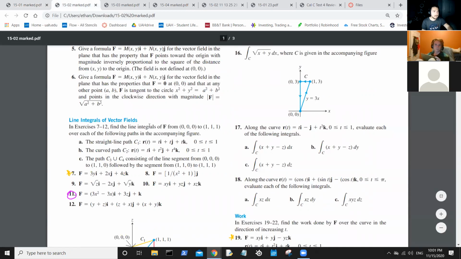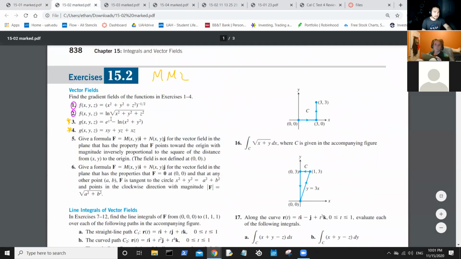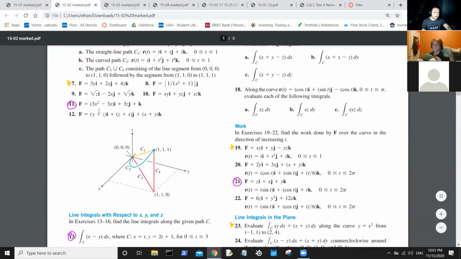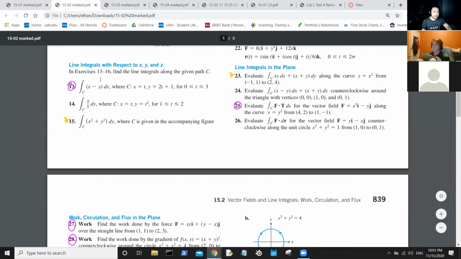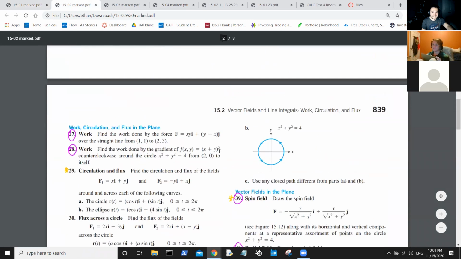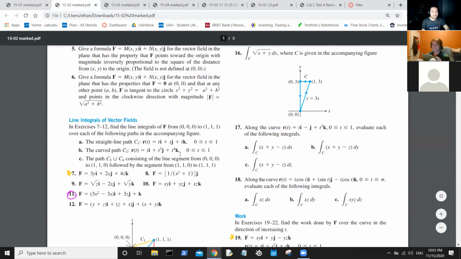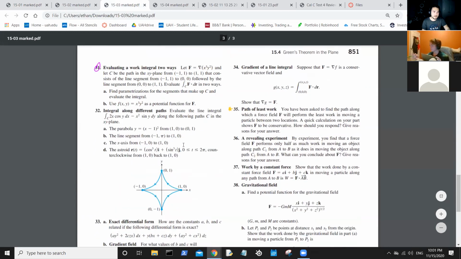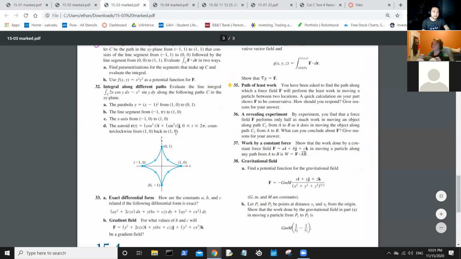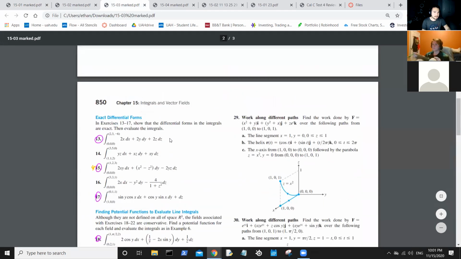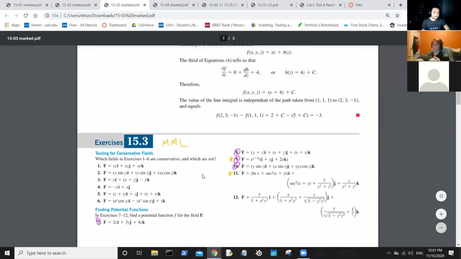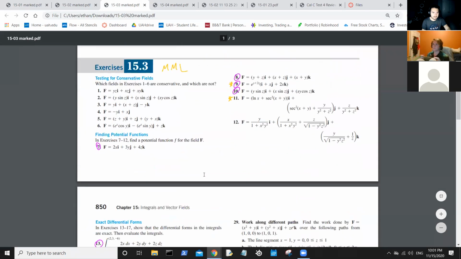15-2 has a couple separate topics. It introduces gradient fields, and it also does line integrals in combination with gradient fields and a lot of other stuff. So because of that, I think this one probably makes up 30%. So this is totaling 40 to 45% now. Then, this is all conservative field differential stuff.